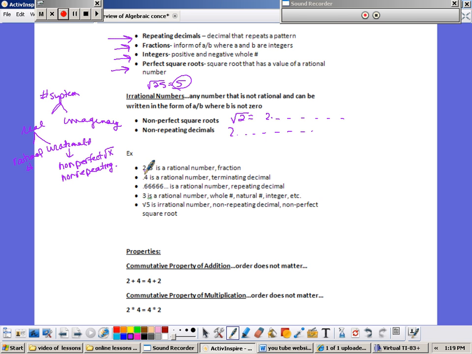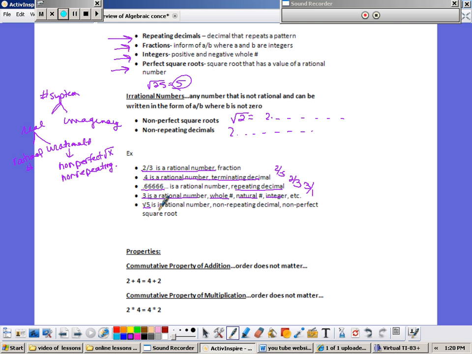2/3 can be written as a fraction, so it's rational. 0.4 is a terminating decimal, so it's rational. It also can be written as 2/5. 0.666 is a rational number because it's a repeating decimal. It can be written as 2/3. 3 is a rational number because it's a whole number, it's a natural number, it's an integer, etc. It can also be written as 3/1.